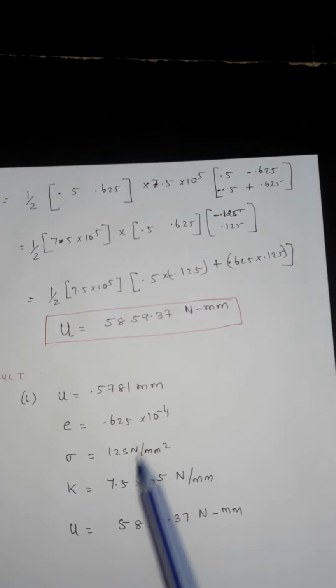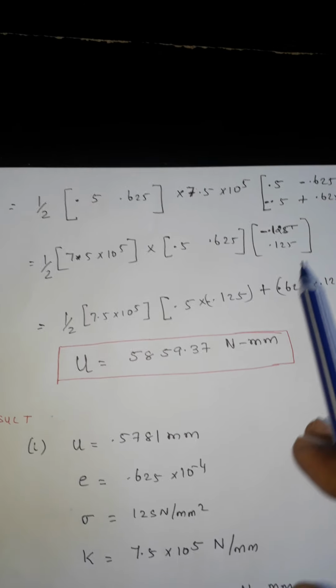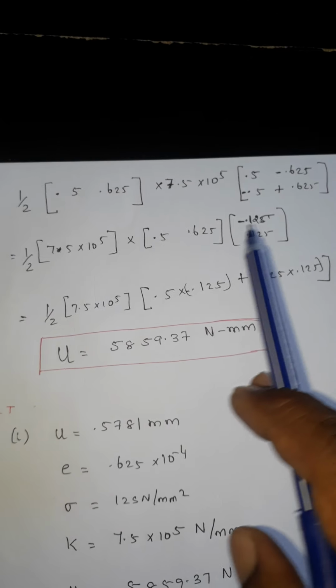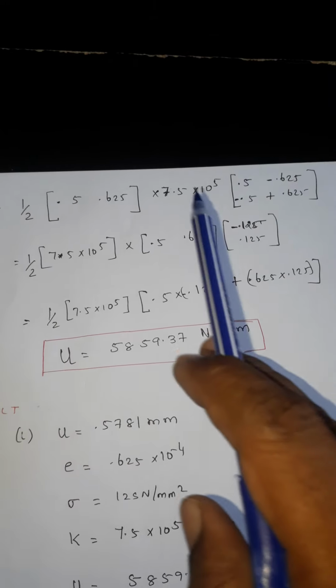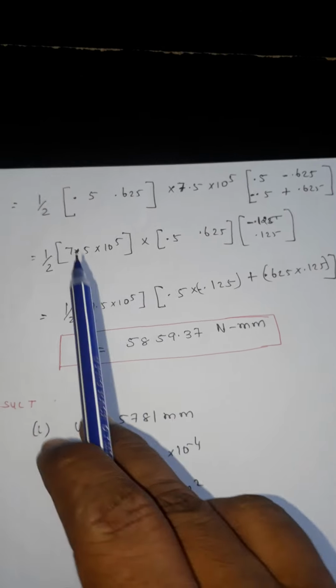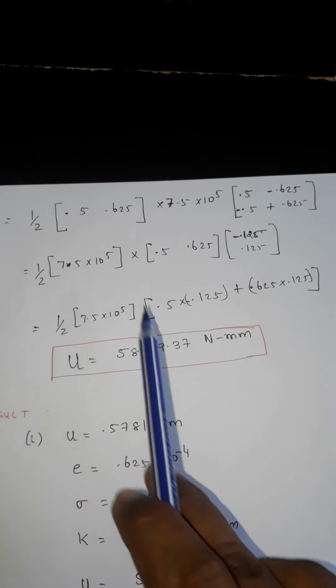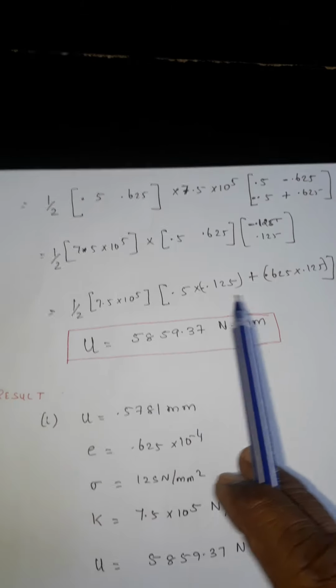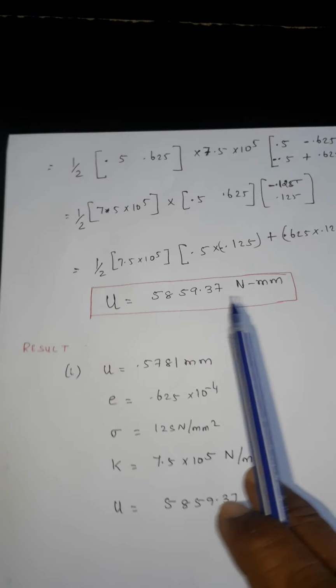Now I multiply this value inside. So that's what I did, and you will get a 2 by 1 column matrix. When you multiply this again, I got this equation, this U equals some Newton. Look at this unit.